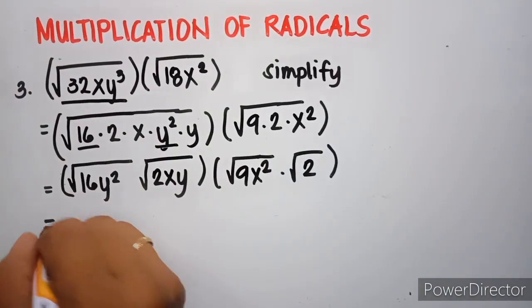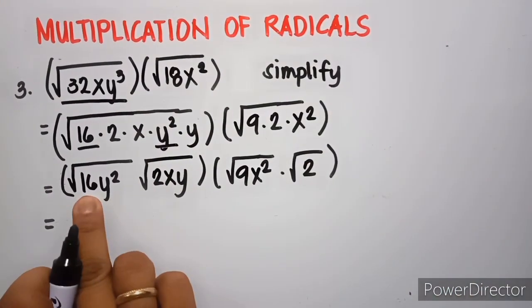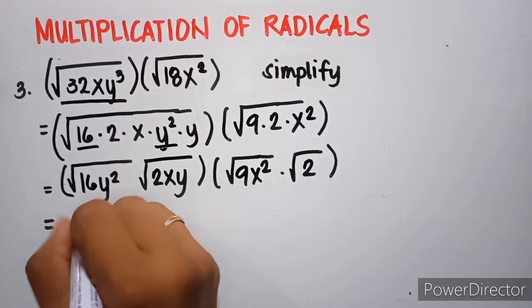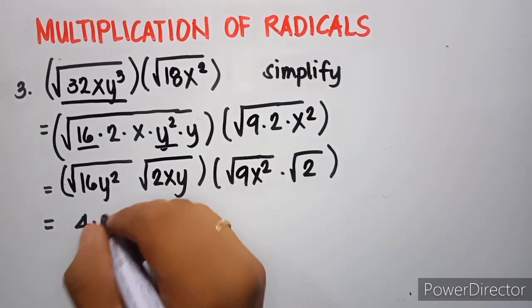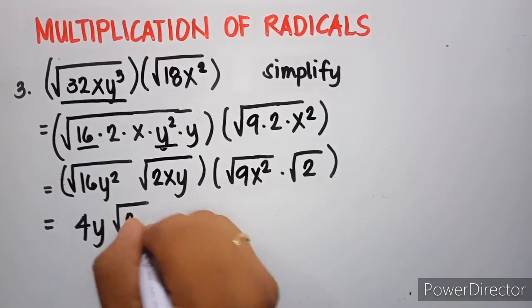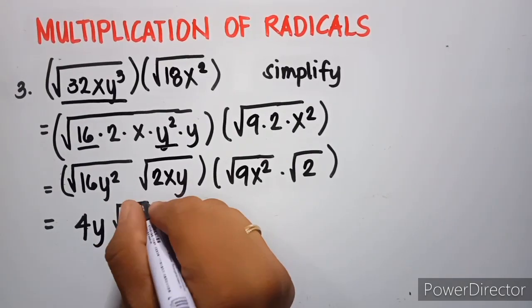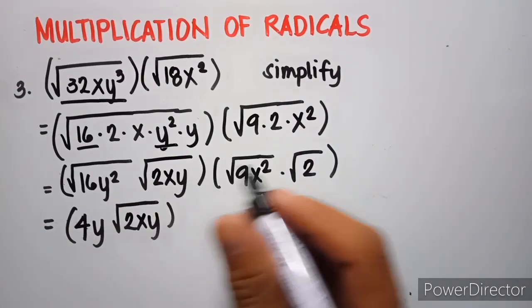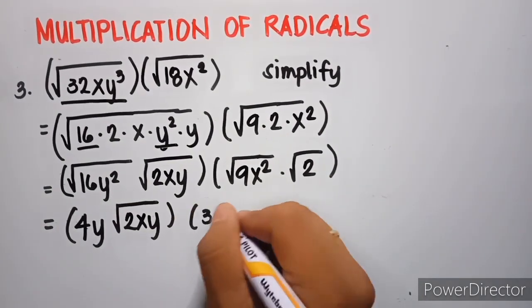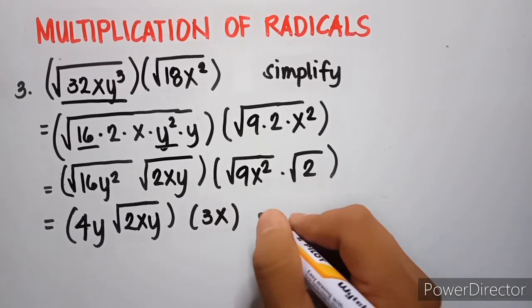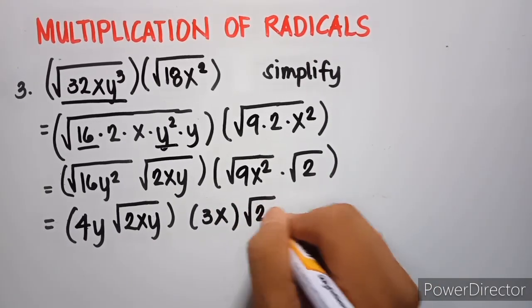Okay. Then simplify. So we have square root of 16 is 4. Then we have y squared is y. Then square root of 2xy. Okay. Times square root ng 9x squared is 3x. Then square root of 2.